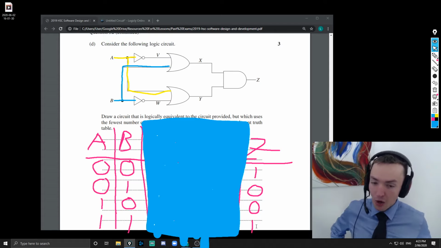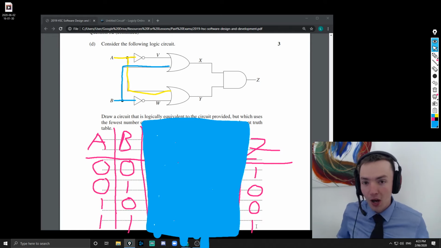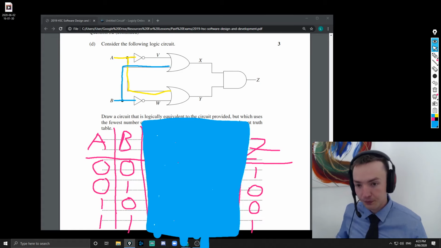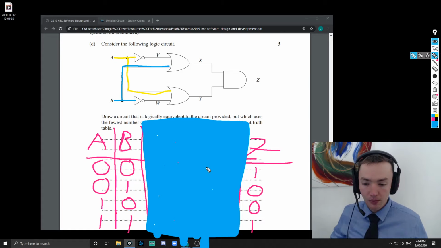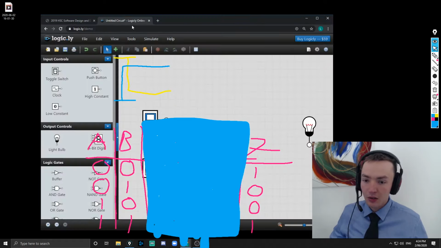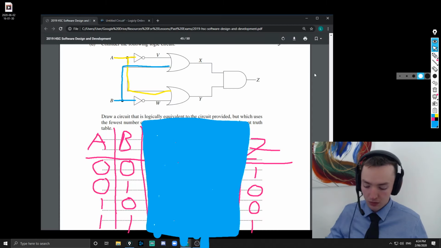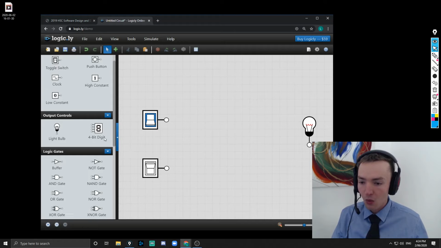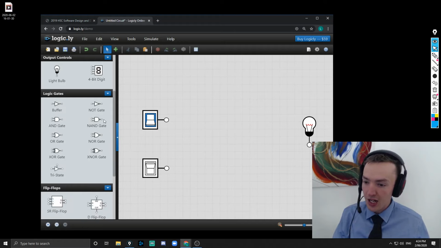So I want you to take a moment and think about what you think the output would be here. And the answer to that is, if we go back here, what of our gates do we need to create that?